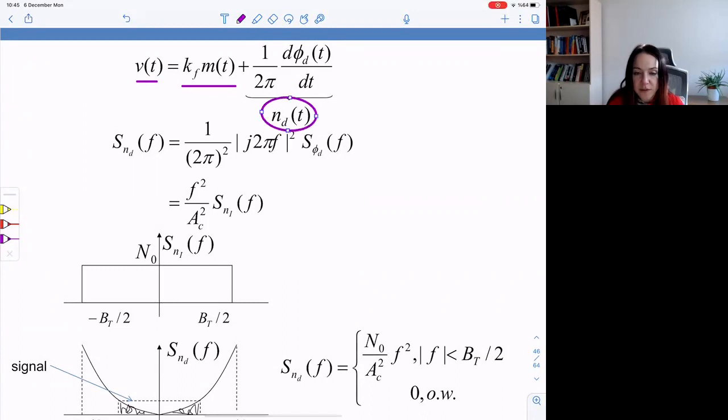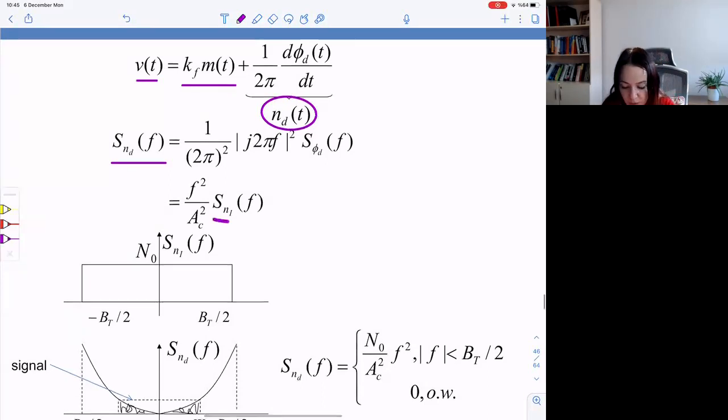I've just approximated my way into showing that the PSD of phi d is approximately given by the PSD of Ni.